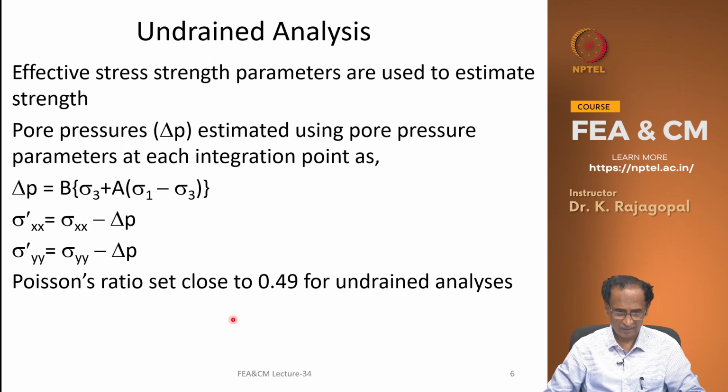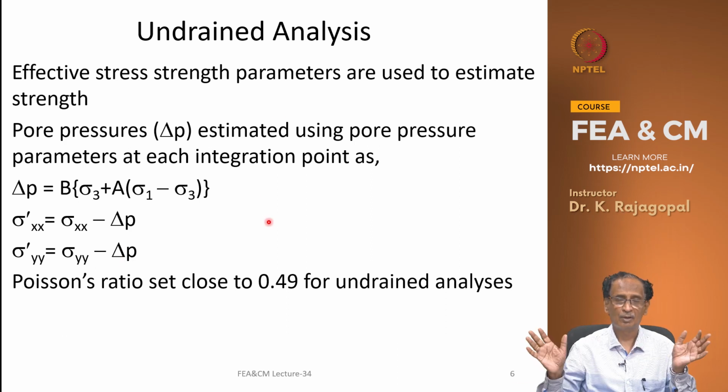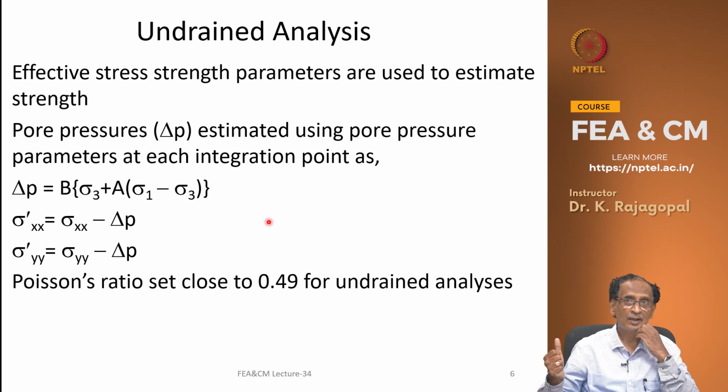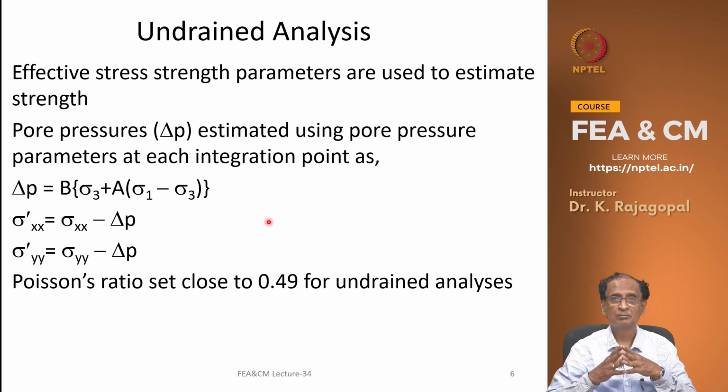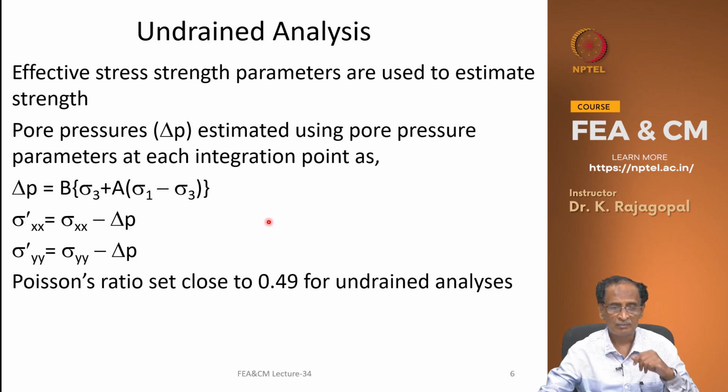The simplest analysis with pore pressures is the undrained analysis. Assume that your soil or the boundary conditions are such that the pore pressures cannot escape from the soil, and that is an extreme case that we simulate in our laboratory tests, either the UU test or the CU test.